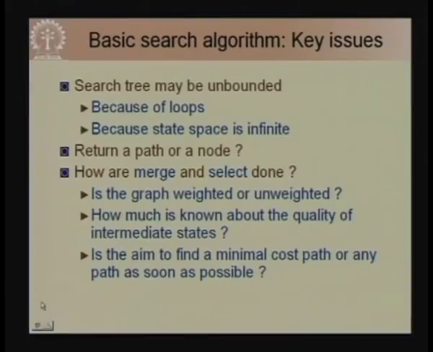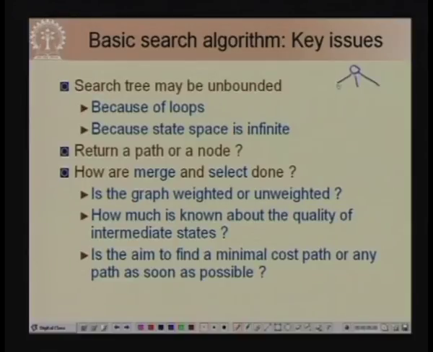Now, we will go into the details of the search algorithm in the next class, but today we will talk about the key issues that we will discuss about search. So, in state space search, we start from an initial state and we expand this state to get other possible states.